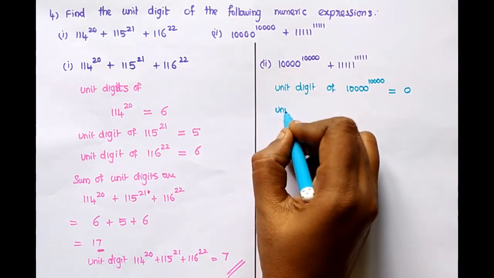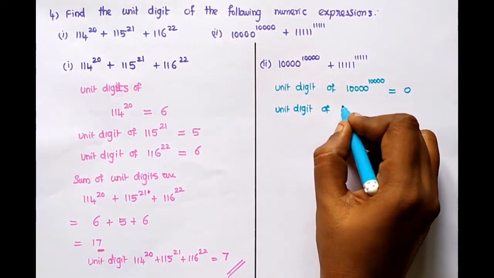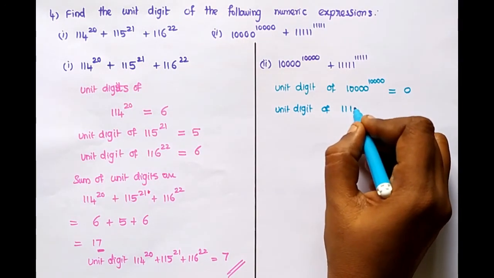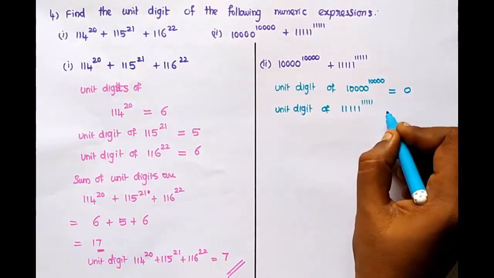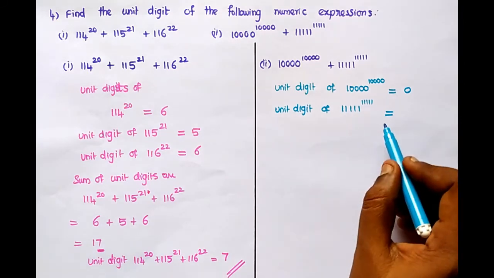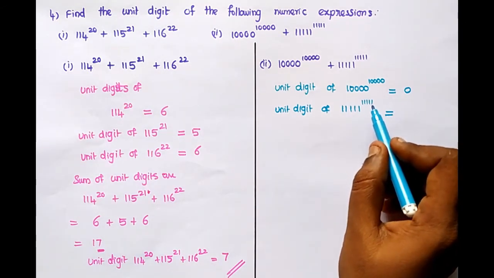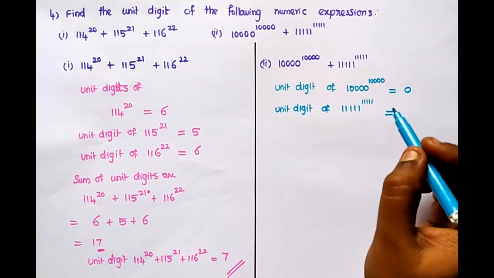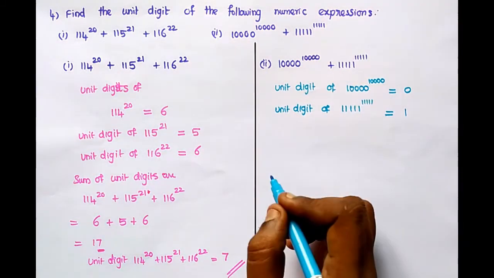Next, unit digit of 11,111 power 11,111. 1 power anything, an even number or odd number, whatever it is, gives the result of unit digit 1 only.